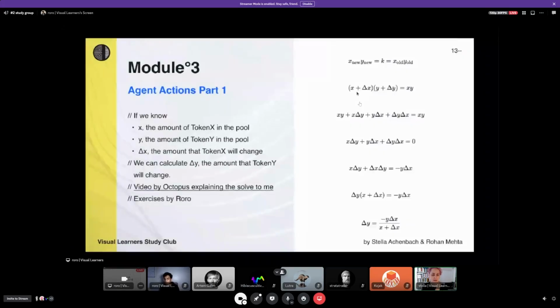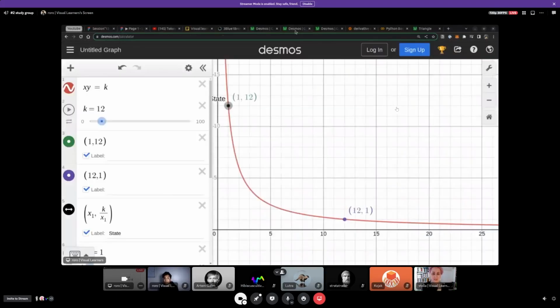X plus delta x times y plus delta y equals xy. And the reason is that I didn't really understand the first line, which essentially says the same thing, right? It's like the old xy is equal to the constant, because it's a constant, to the new xy. And I didn't understand that part, and this is why I couldn't even go beyond the first two lines.